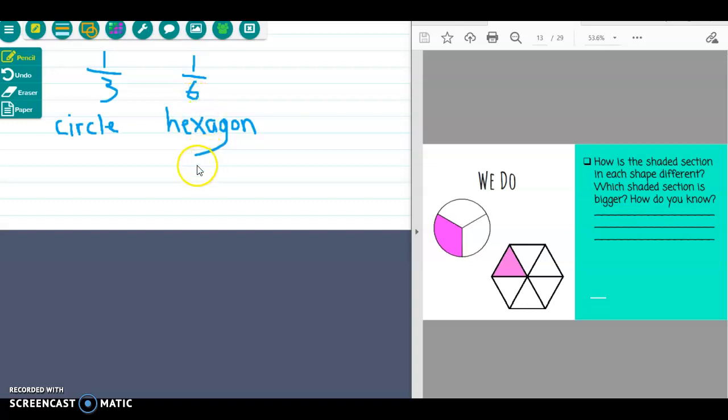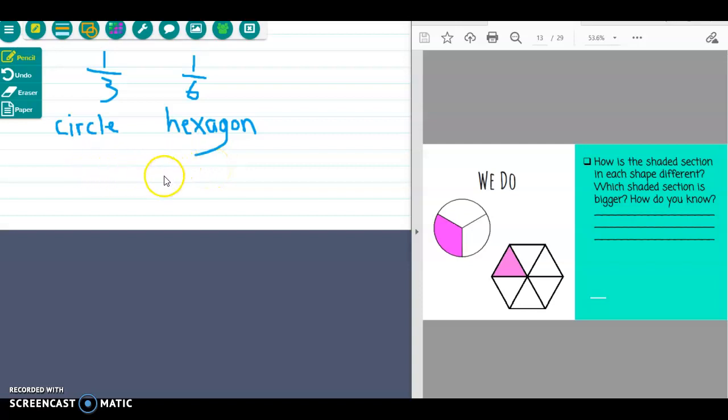Just picture your family ordering 2 large pizzas, and one pizza comes with only 3 slices. Keep in mind that they're both large pizzas. One has 3 slices and the other one has 6 slices.